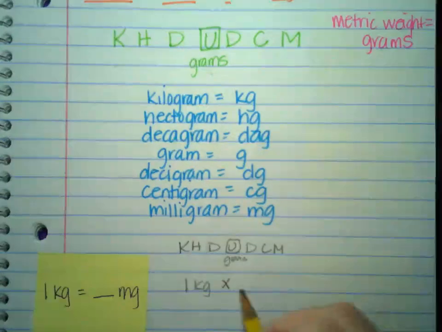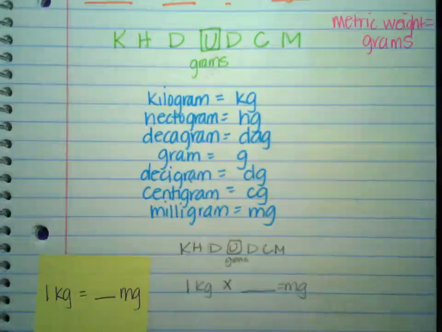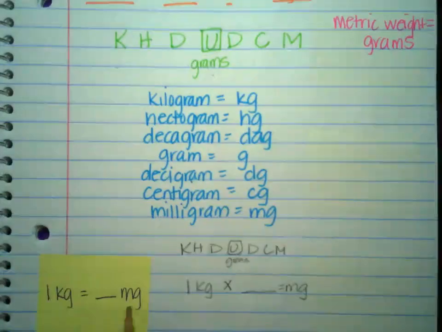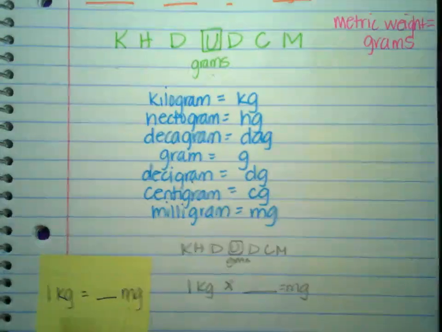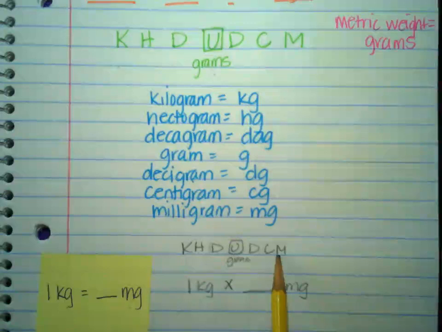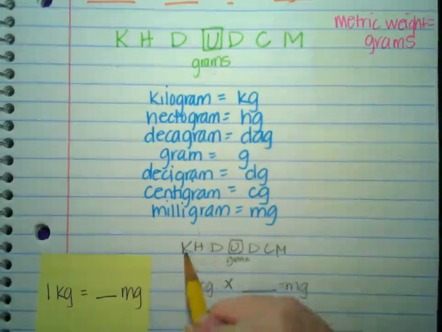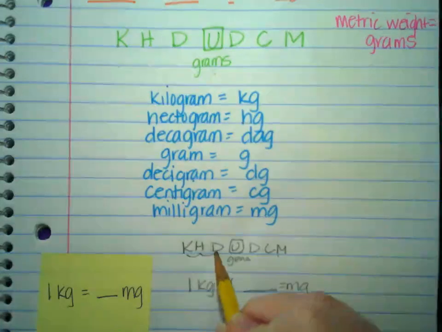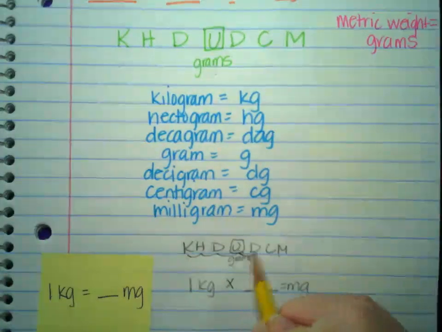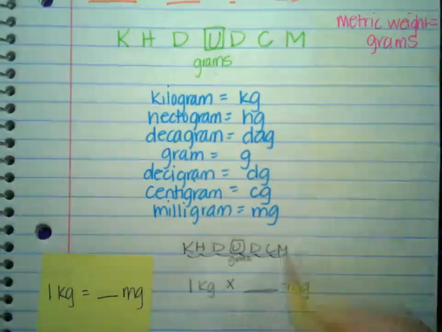So I'm going to multiply, I don't know by what yet, to equal my milligrams, okay? So I'm getting that from what I'm having to convert right here. So here I am on kilograms, and milligrams is all the way down here. Remember, every time you move, you're going to multiply by a unit of 10, okay? So this is 10, 100, 1,000, 10,000, 100,000, 1 million.